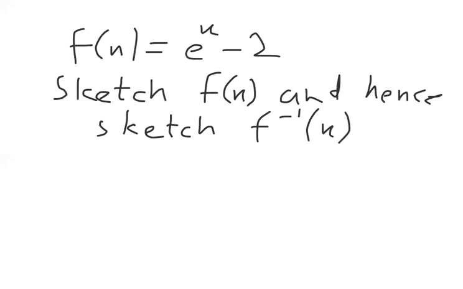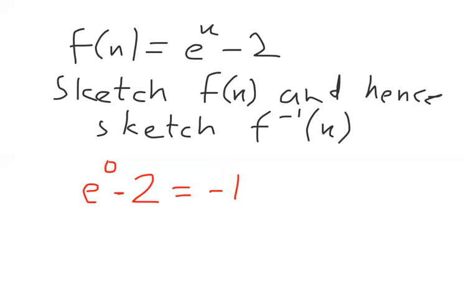So we'll draw the axes. Now for the exponential graph e to the power x minus 2, first we'll find the y-intercept. For the y-intercept, x is 0. So the y-intercept is 1 minus 2, that is minus 1.